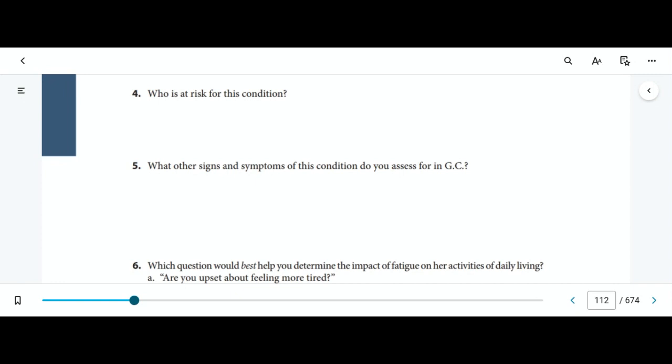Signs and symptoms. What do you think signs and symptoms we would see for iron deficiency anemia? Weak, yeah. Pallor. So like the general anemia signs and symptoms. So what are some of those?